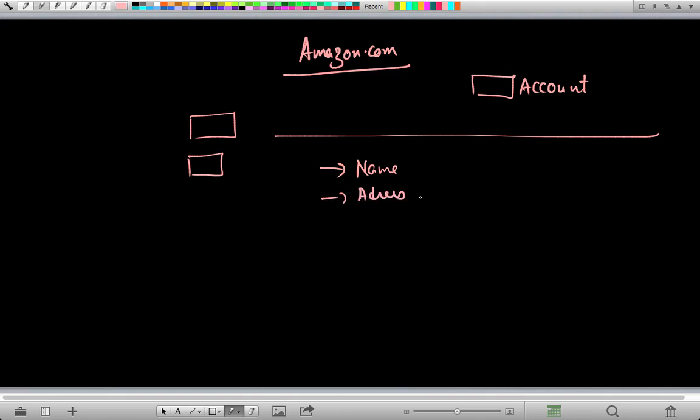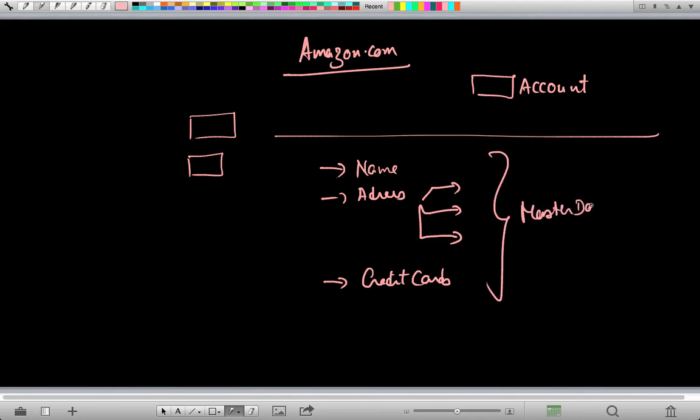In fact, you can have multiple addresses, like one address in Kansas, one address in Texas, or anywhere you've been. You can store all your different addresses, and you can store your credit cards or debit cards, different credit cards and different debit cards. See, all of this is master data. And in this case, you are the customer, so you can call it customer master data, right?